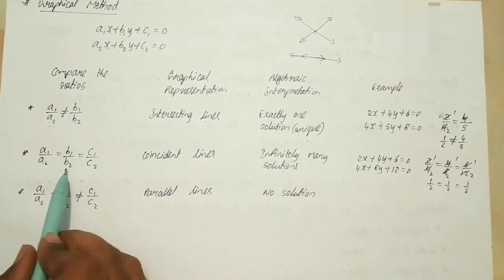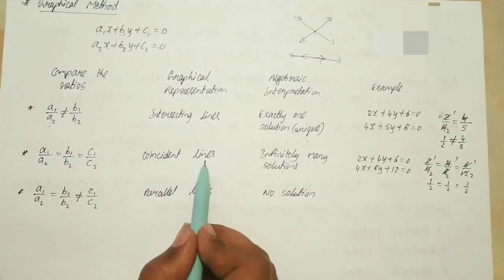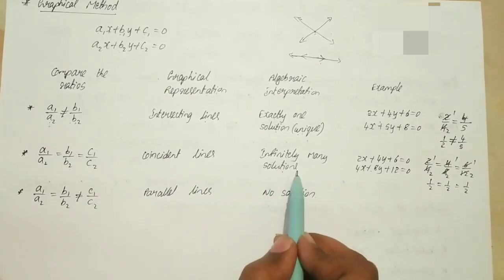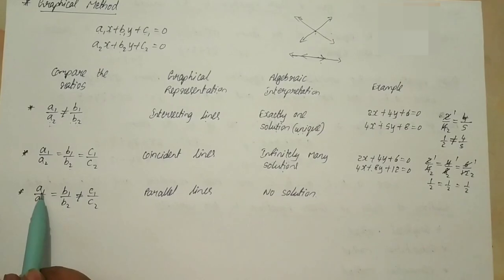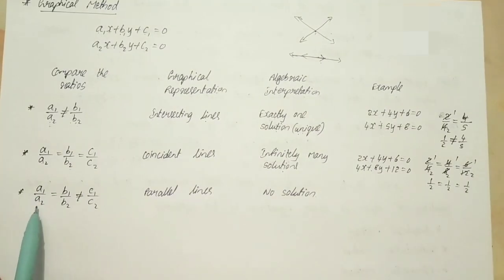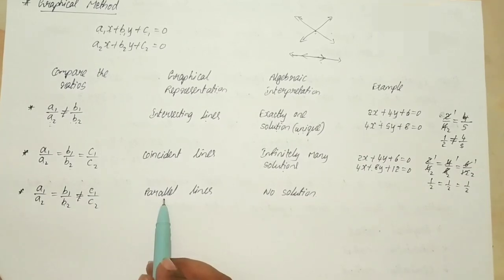So that means for this equation, what is the graph we will get? Coincident lines. So how many solutions we have? Many solutions. So then the last point is, if we compare the ratios and we get A1 by A2 is equal to B1 by B2 not equal to C1 by C2, if we get in this form, then what will be the graph for that equations? Parallel lines.